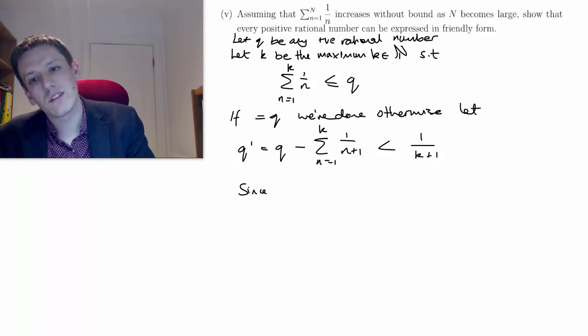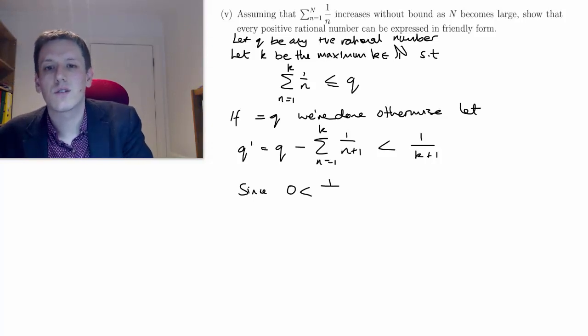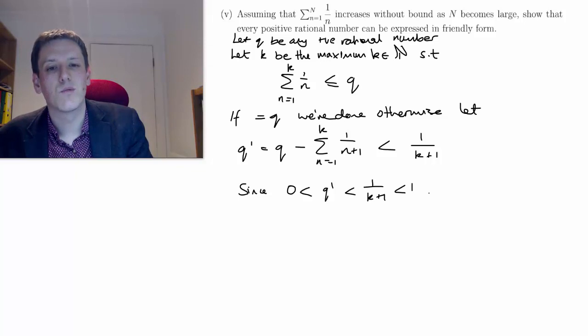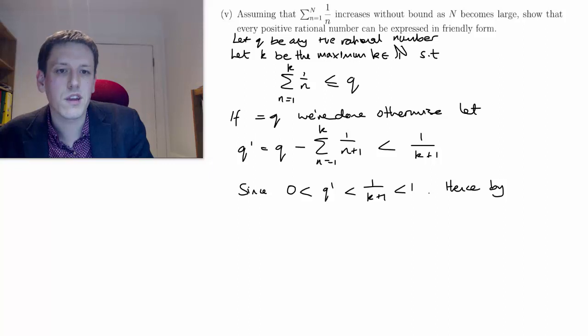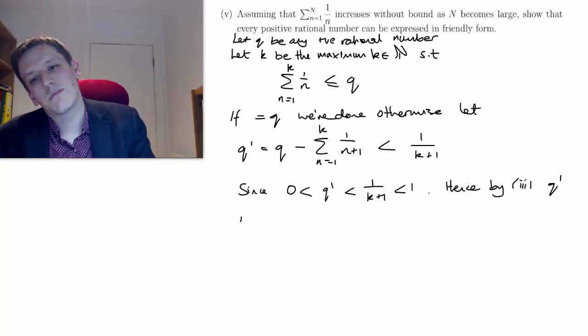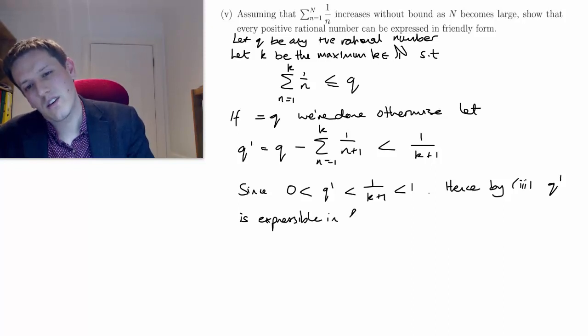Now we know that 0 is less than q prime, which is less than 1 over k plus 1, and in particular 1 over k plus 1 is less than 1. Okay, so hence by the previous part, part 3, q prime, which is also a rational number obviously, is expressible in friendly form.